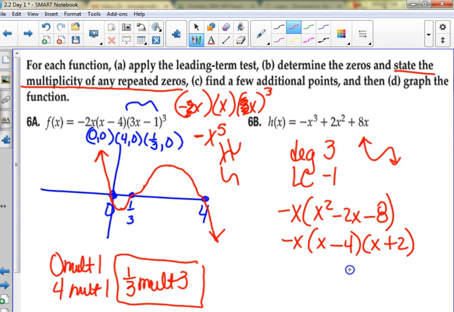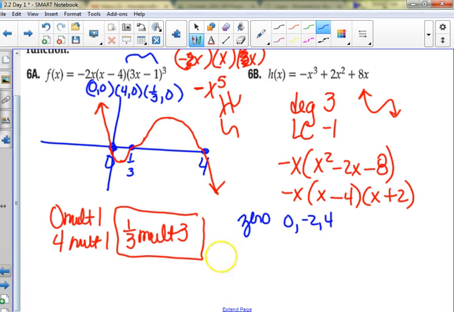All right. So what are they asking us for? The zeros are where? 0, -2, and +4. All multiplicity 1, yes? Which means you don't really have to list the multiplicity. All right. End behavior, we already described it as this.